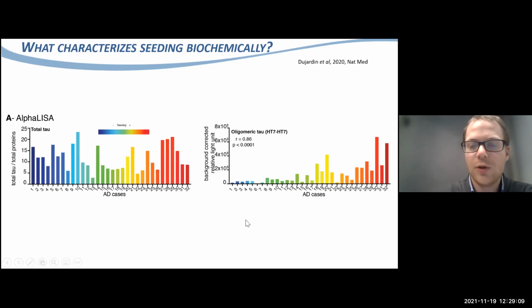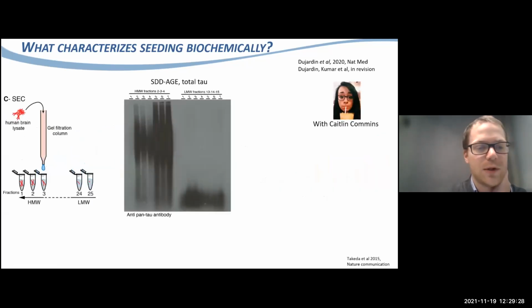When we looked, however, at an assay that quantified the amount of oligomeric tau, already we could see a significant positive correlation between tau seeding and the amount of oligomeric tau. And we wanted to go a bit further by trying to purify these oligomeric tau species and quantify them.